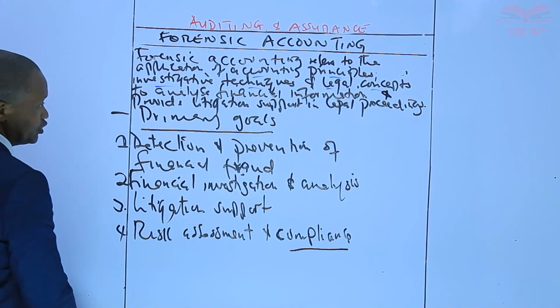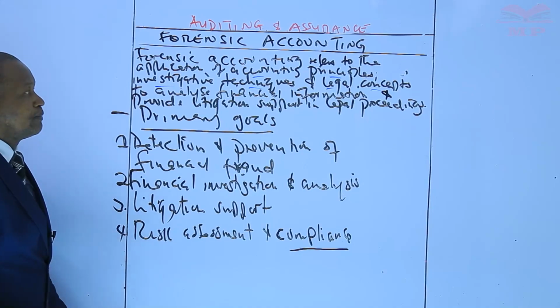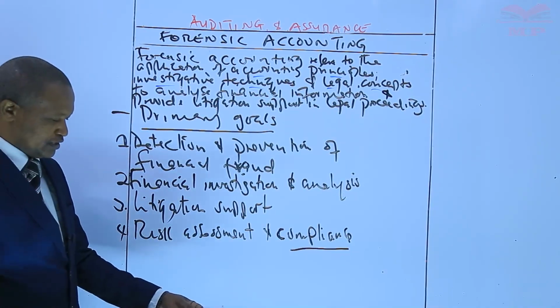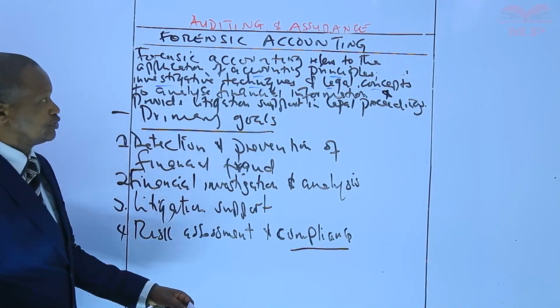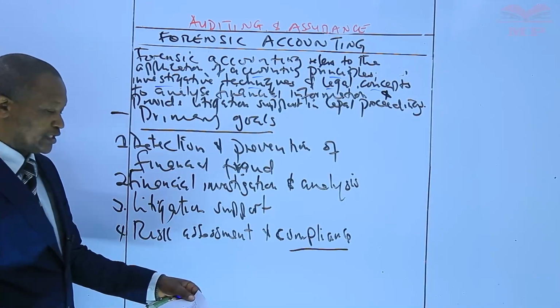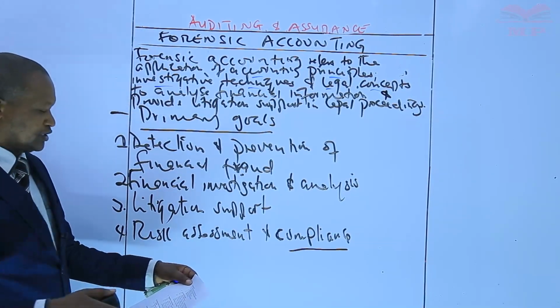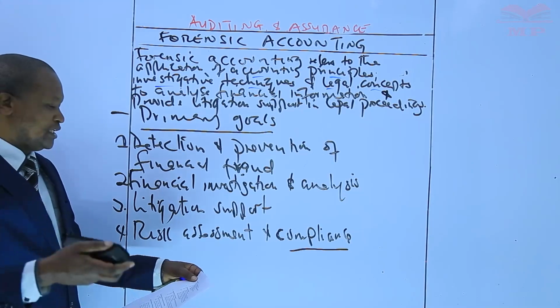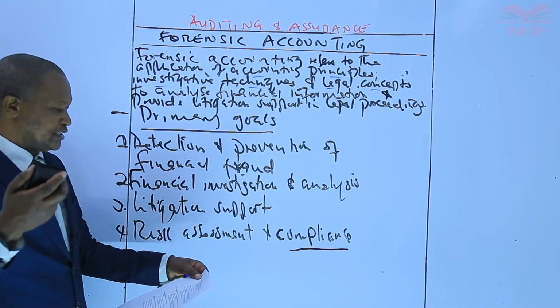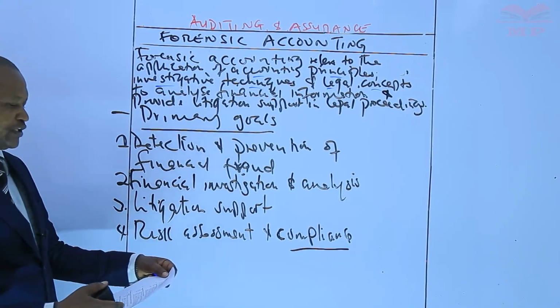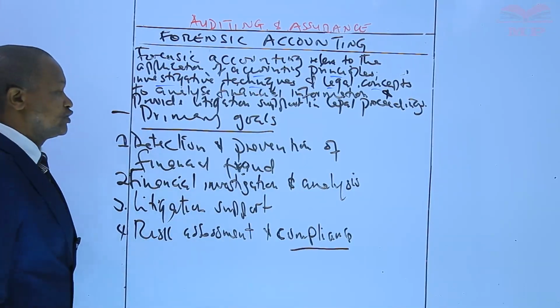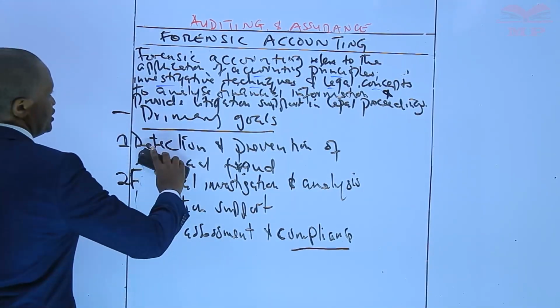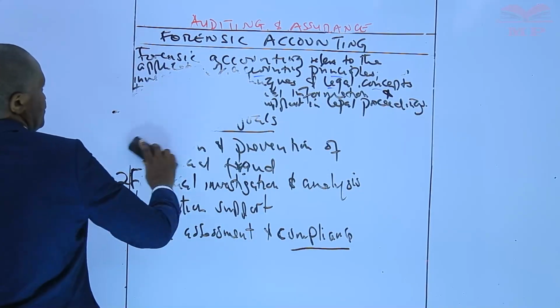We are now going to tackle the first item under this topic. This was an introductory. So we are now to move on to the first subtopic, which is differentiation between a statutory audit and a forensic audit.